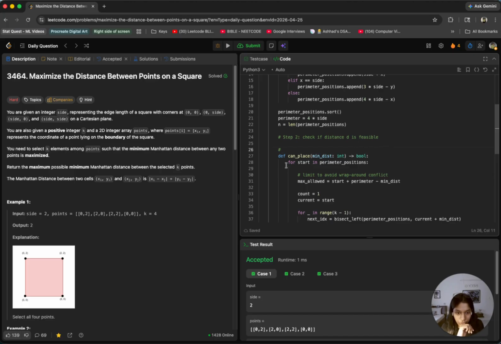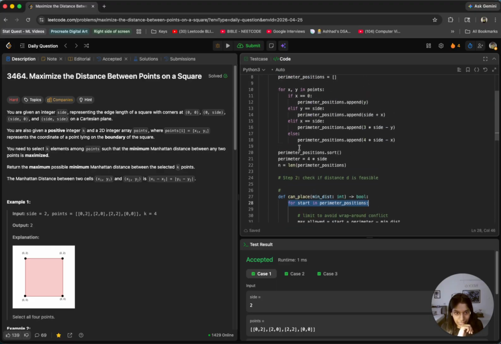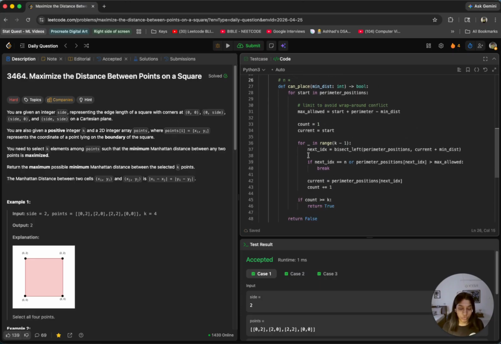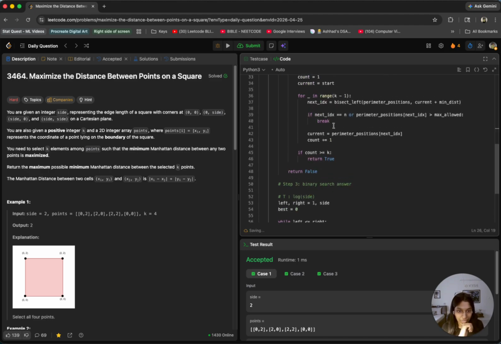So first of all, we're starting for perimeter positions. And I know that perimeter positions here has n points. So that's going to be n into something, n points. And then for each point, it can be a starting position. I'm going to look for k points here. So that's going to be an n into k. And let's see what's happening within these searches for k points.